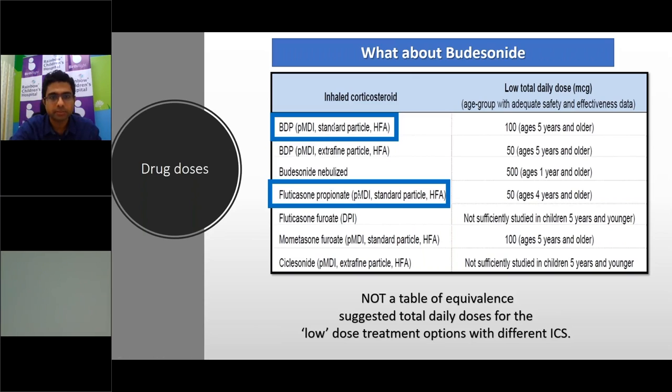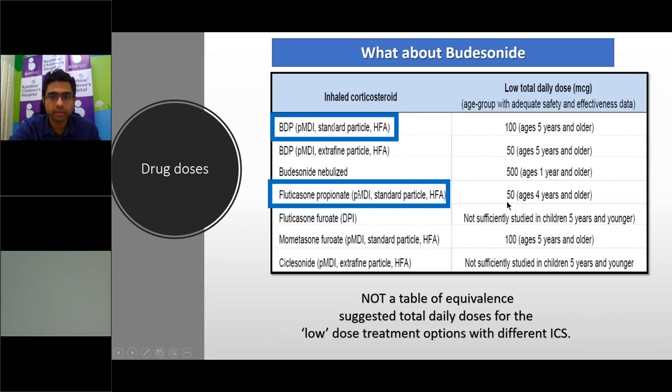That's why currently for the 1 to 4 age group, the Western world has suggested beclomethasone in an MDI or fluticasone. The low dose is 50 microgram BD or 100 microgram BD.